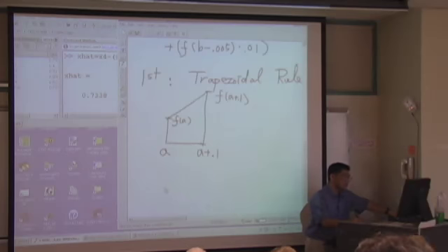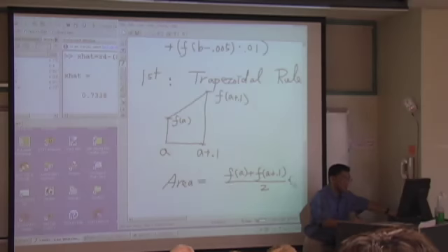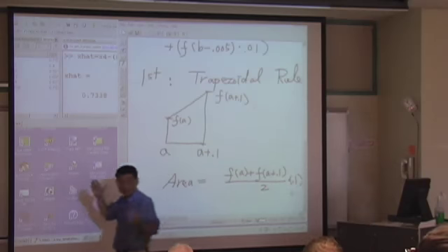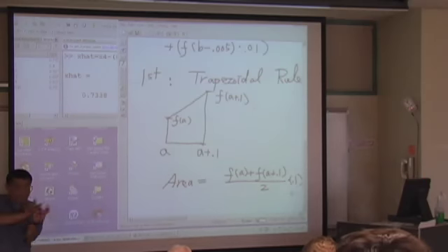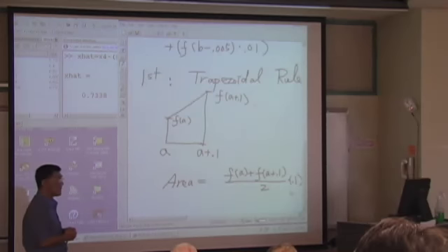Area of the thin piece is what? Average of the two heights, f of A plus f of A plus 0.1 over 2, multiplied by the width. Right? This is the area of the thin piece. Then we accumulate this thin piece from A to B. Any questions?